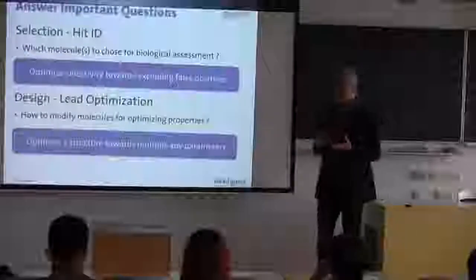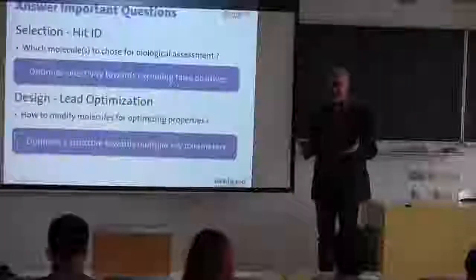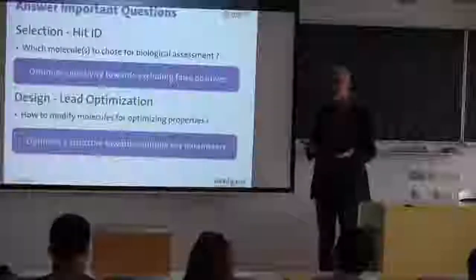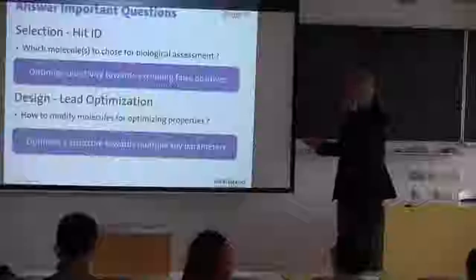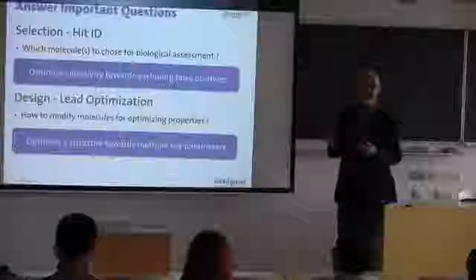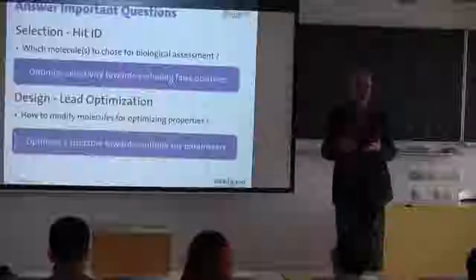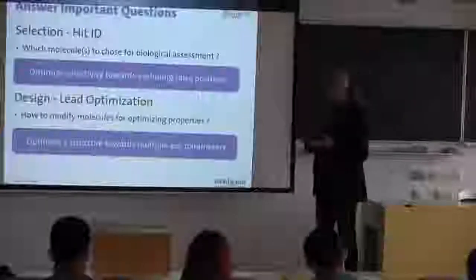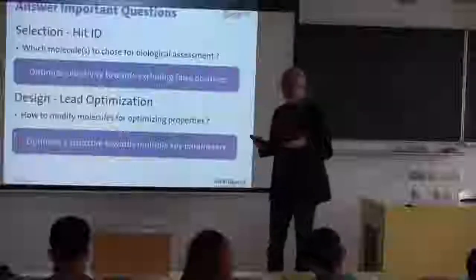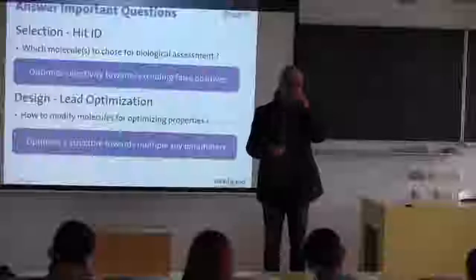In virtual screening, you identify first starting points, nothing else. It's not that you will find a drug by virtual screening, right? You just find new compounds. And here the question is to optimize your selectivity towards the target and to exclude as much as possible false positives. A false positive is a compound that you would predict to be active but is not active at the end when you test it.